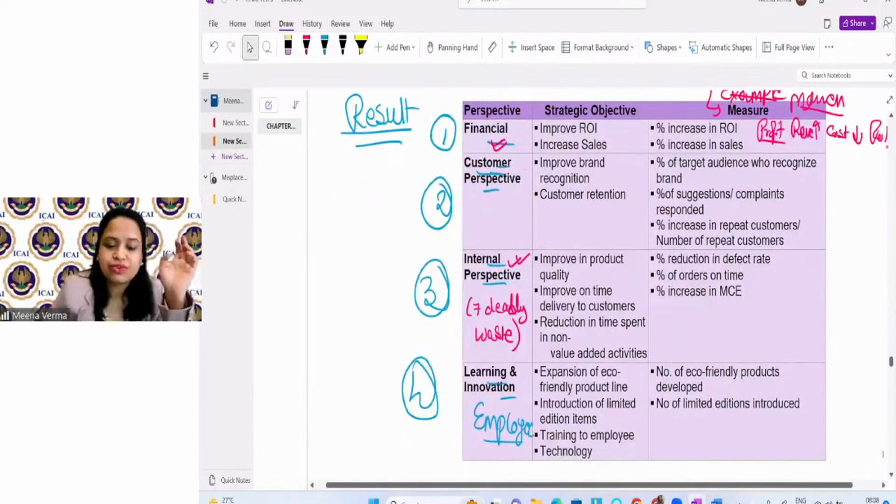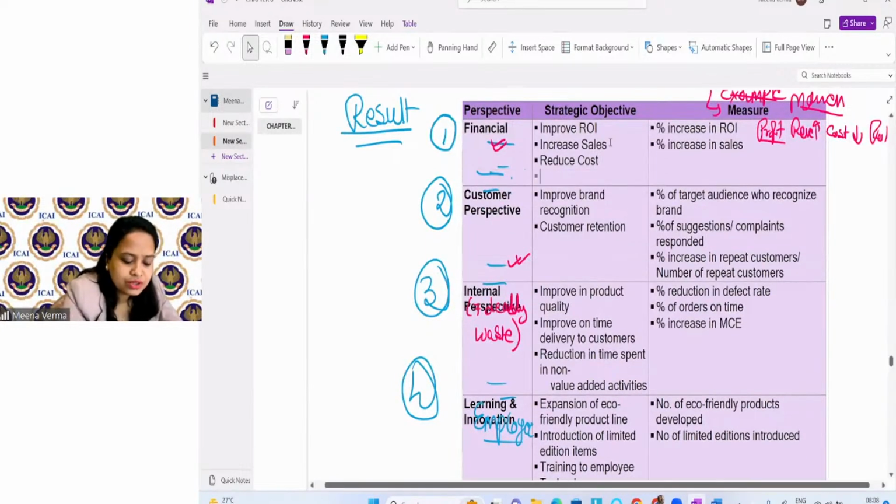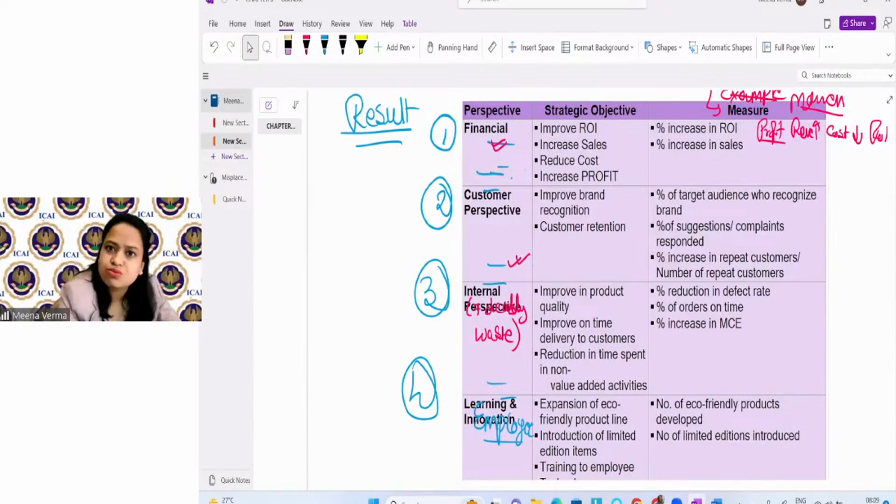When you are measuring the financial goal of the company, what will you see? It is not given here, but you can write whether you managed to reduce the cost, whether you managed to increase the profit. All these things will be considered under financial goal.